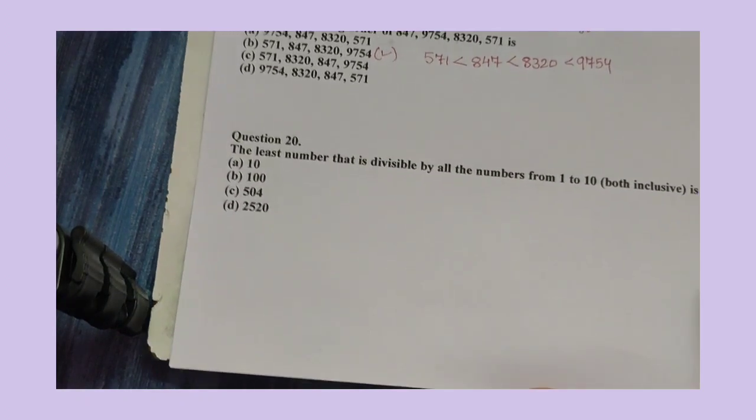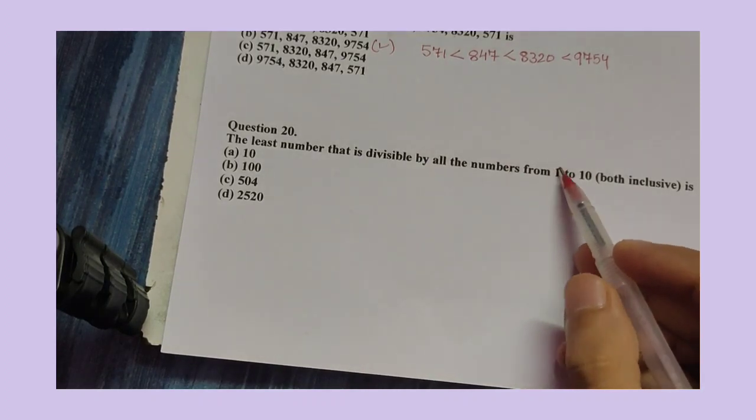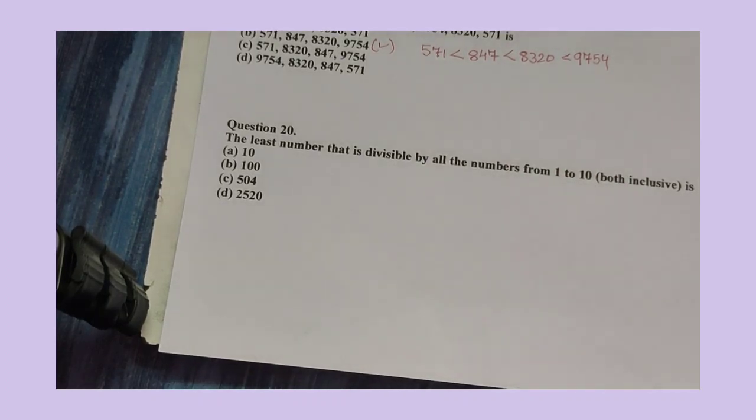The least number that is divisible by all the numbers from 1 to 10, both inclusive, is. Okay, both inclusive means what? Both inclusive means it should be divisible by 1 and 10 also, and also by all the numbers in between. In between means 2, 3, 4, 5, 6, 7, 8, 9, including 1 and 10. All these numbers should divide the number perfectly.